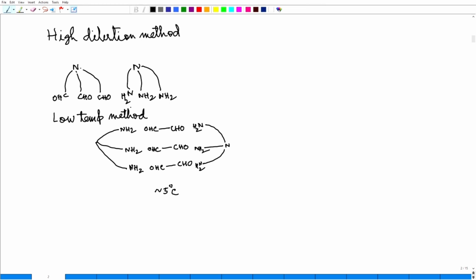In the low temperature method, what happens is, suppose I am taking this amine.